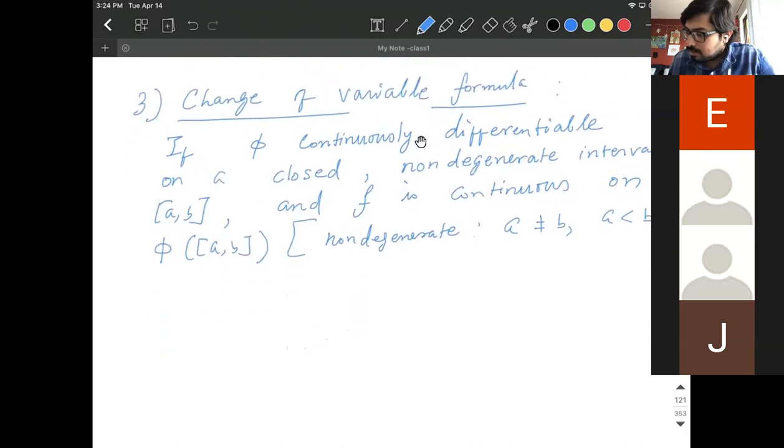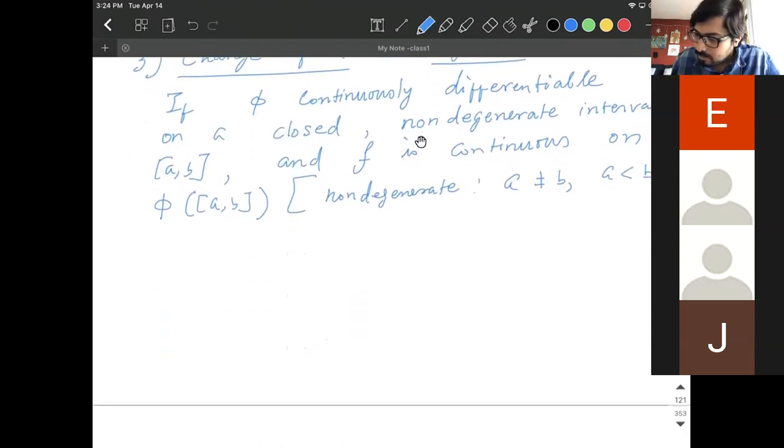Okay, so under this situation, we can evaluate this integral from phi A to phi B. Now, here is the thing: phi A and phi B don't always give a non-degenerate interval. Even though A and B is a non-degenerate interval, there's no guarantee that phi A and phi B will give a non-degenerate interval.